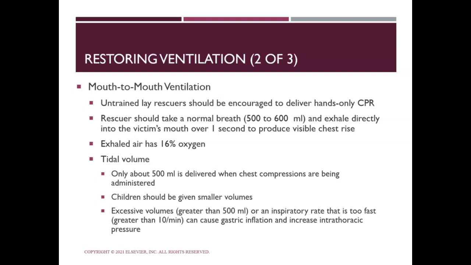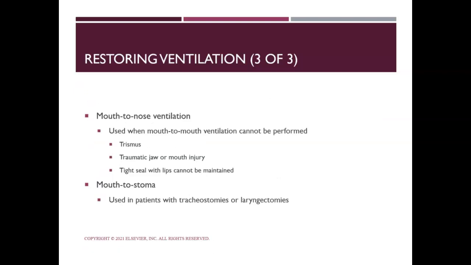Your book talks a lot about excessive volumes, and how that impacts things like venous return or causes additional problems like gastric inflation. So you really want to make sure that you're not using excessive volumes, that you're not using too fast a respiratory rate, because that's going to have negative impacts on your patient. So be careful to not breathe too fast or deliver too much volume to patients during cardiac arrest.